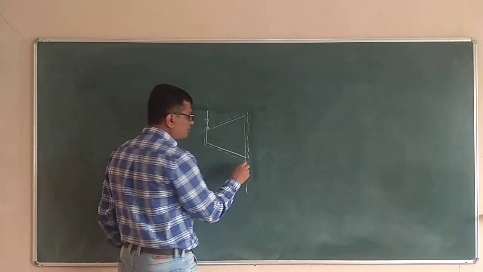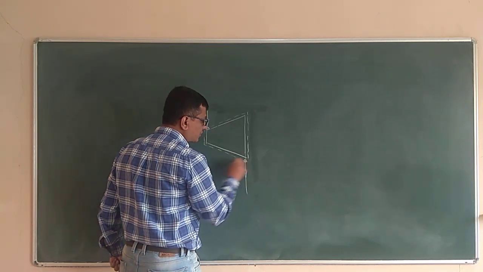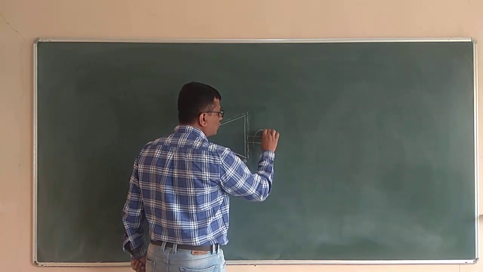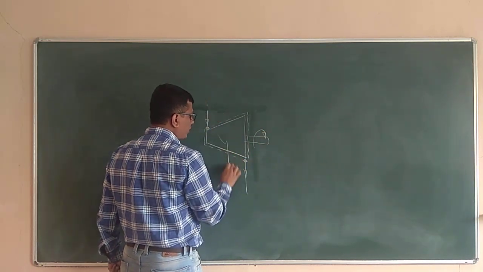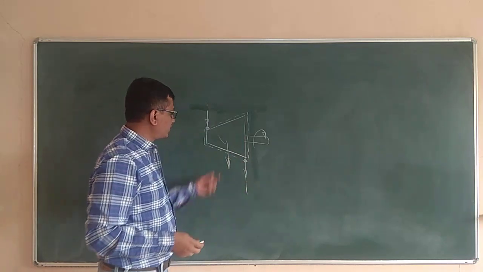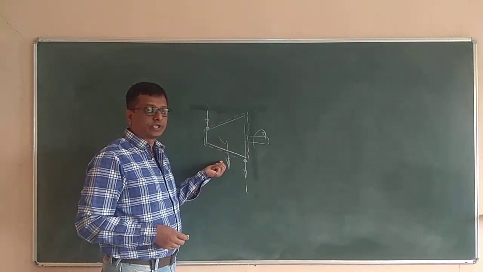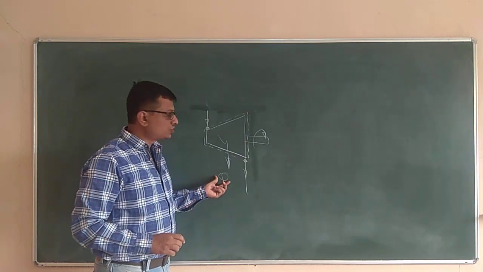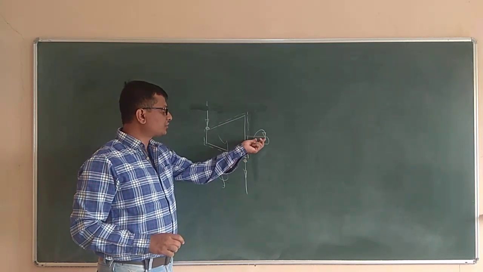At the same time, some mass is going out of the system from this point. There will be some work transfer, work going out of the system. Whether there is any heat transfer taking place depends, but we can assume it to be equal to 0.